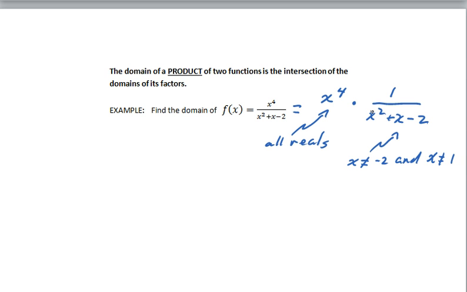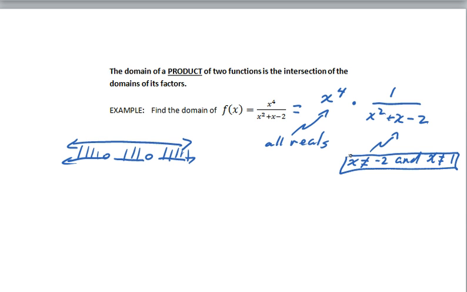So the domain is going to be the intersection of all real numbers with almost all real numbers. And so the intersection is the same as the second domain itself.